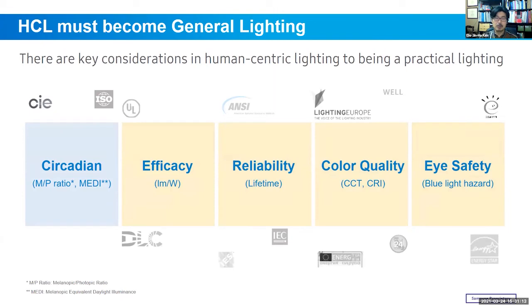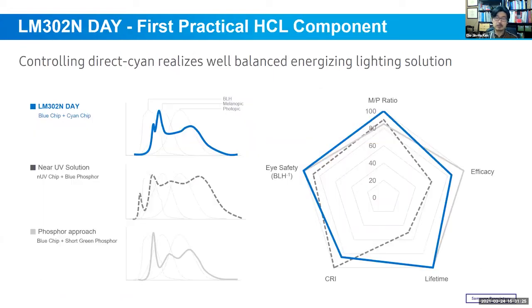So we try to create a lighting spectrum which has a very good balance between these 5 important metrics. Let me briefly show you how we created this lighting spectrum compared to other approaches that we might have taken.